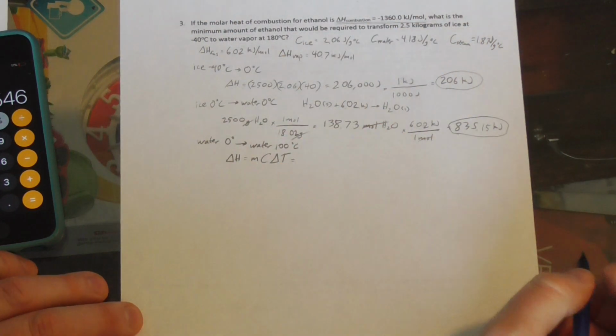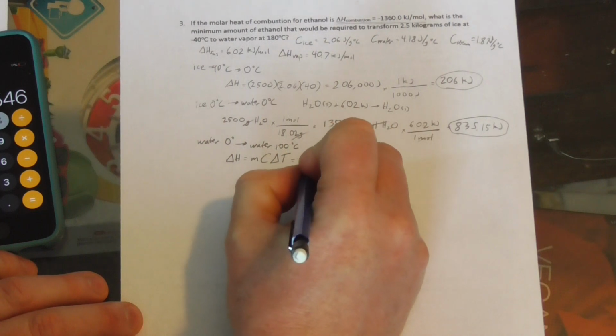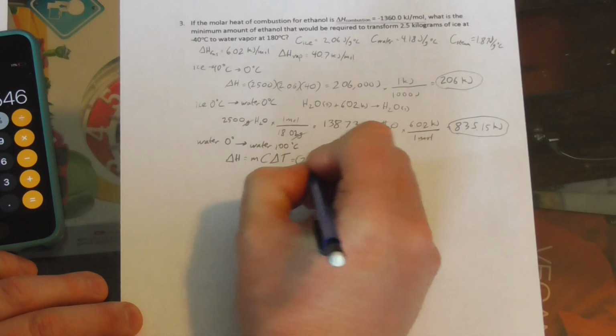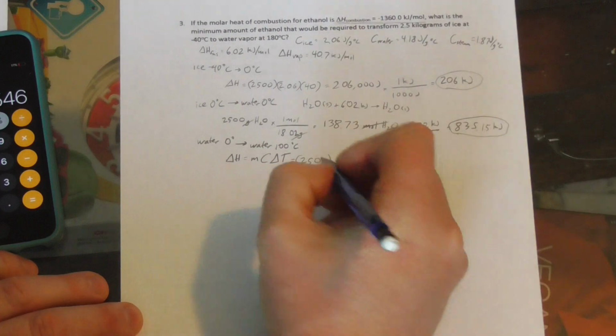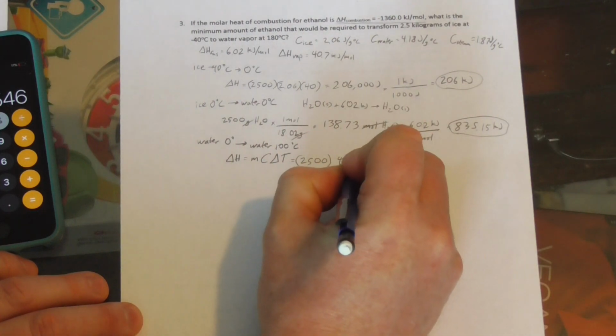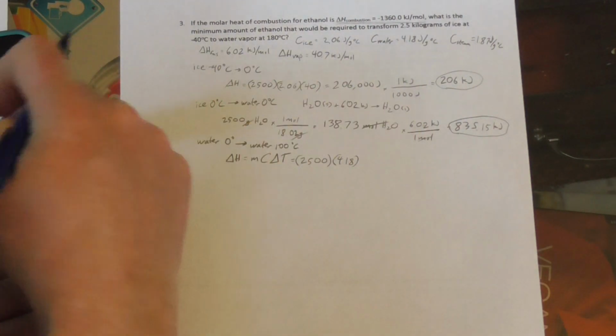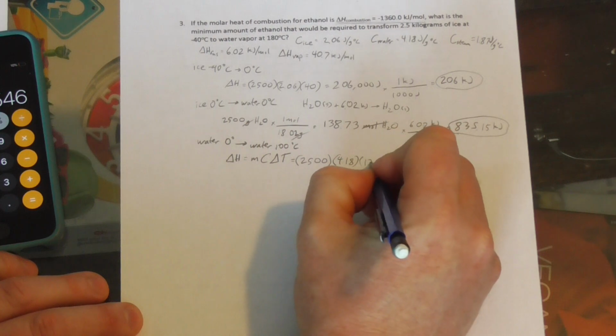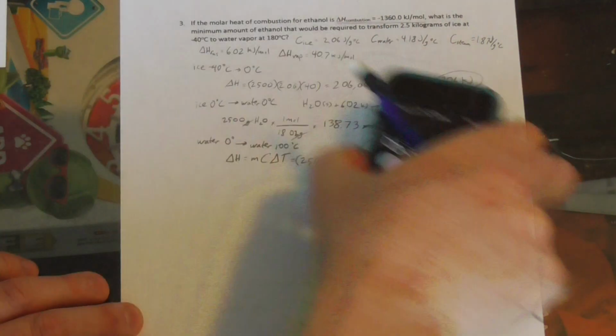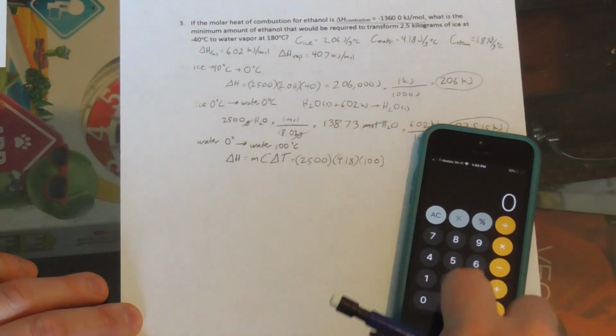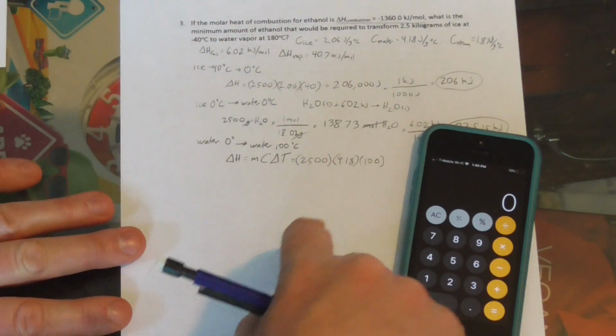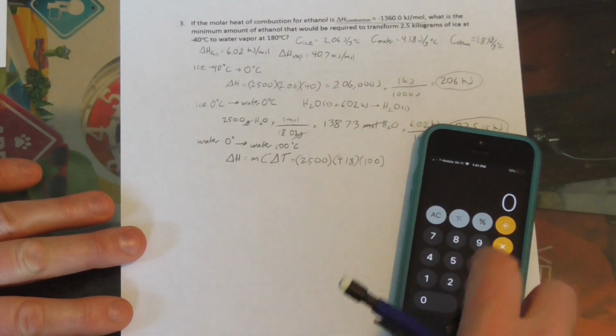So in this case, we have still 2,500 grams. Now our specific heat for water is 4.18. And our change in temperature is 100. Now this is going to be a pretty substantial amount of energy because water absorbs a lot of energy in order to raise its temperature.